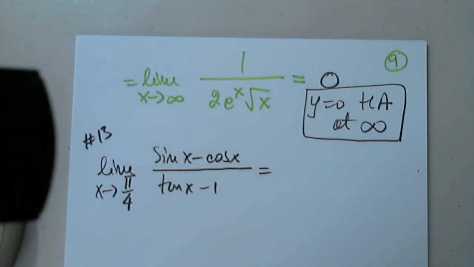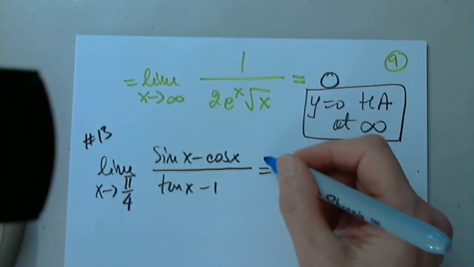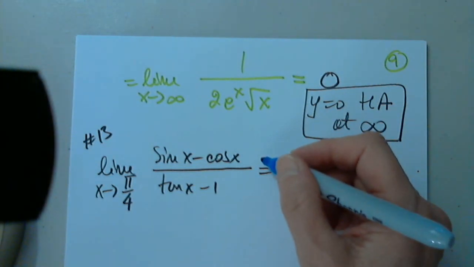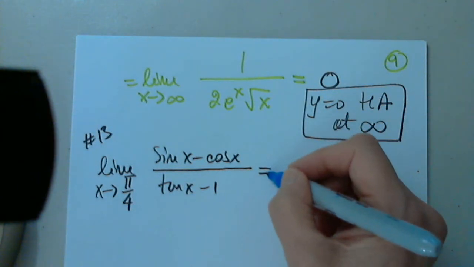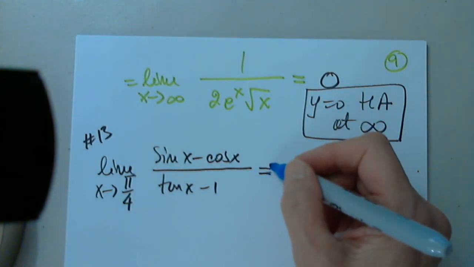So, can anyone tell us anything about the numerator and then the denominator? Anyone?